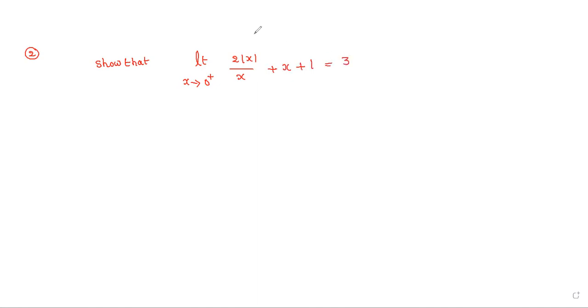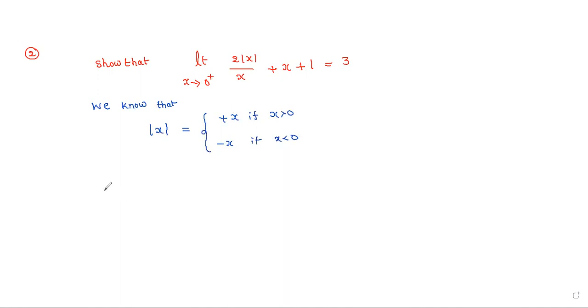So first, modulus x means plus x if x is greater than 0, and negative x if x is less than 0.